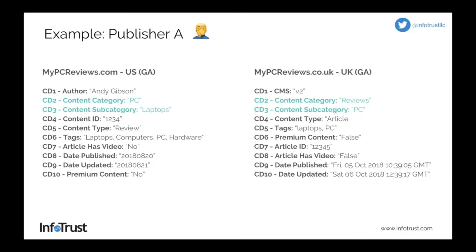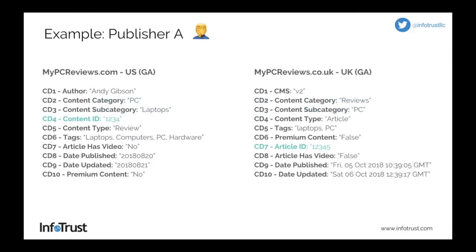So if the US says our top content category is PC, and the UK says our top content category is reviews, there's a mismatch between the data. It doesn't make sense the way they're comparing those. It's not apples to apples.